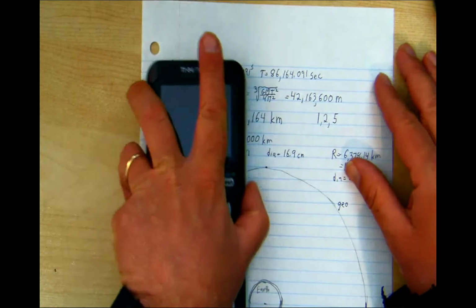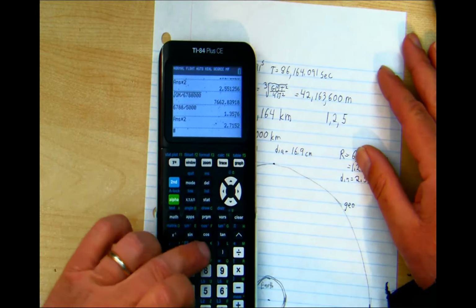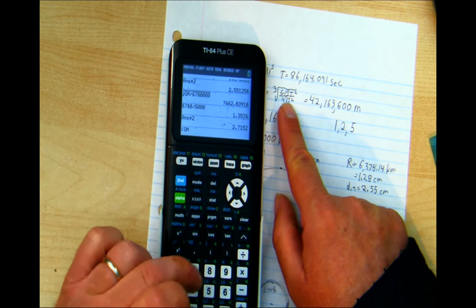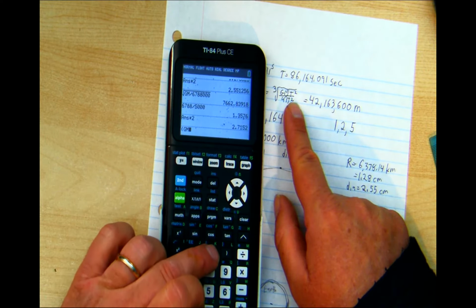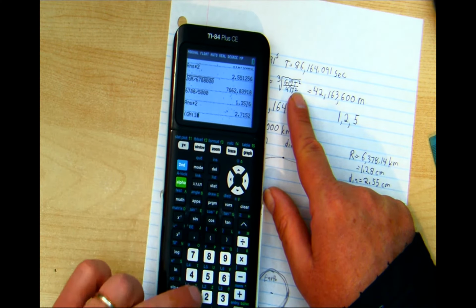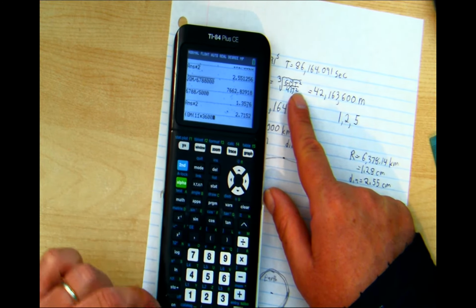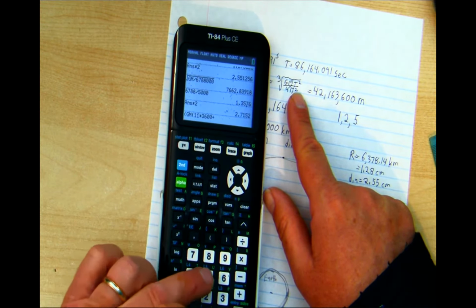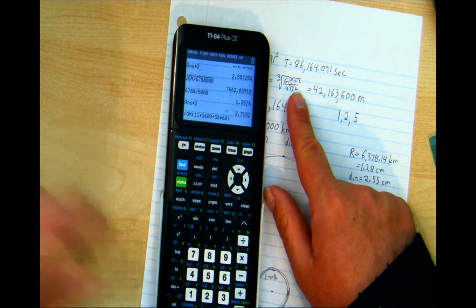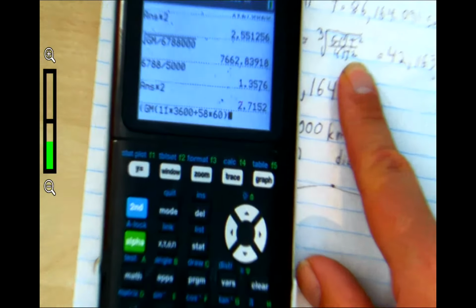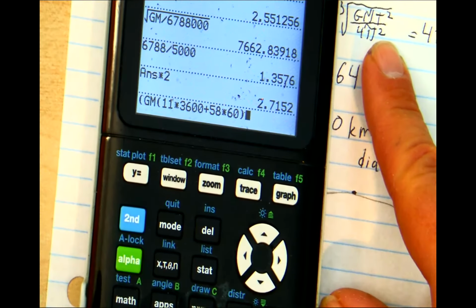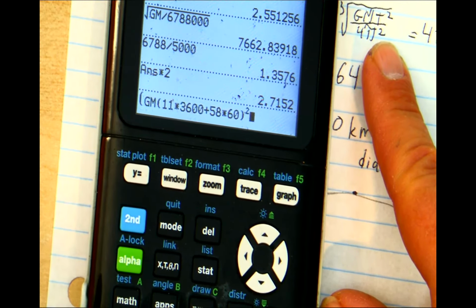So on my calculator, I'm going to open parentheses and go G, M, and for the period, what I can do is go open parentheses and type in 11 times 3,600 plus 58 times 60, close parentheses, and that gives me the number of seconds in 11 hours and 58 minutes. Now this is the orbital period in seconds, so finally I can square it.